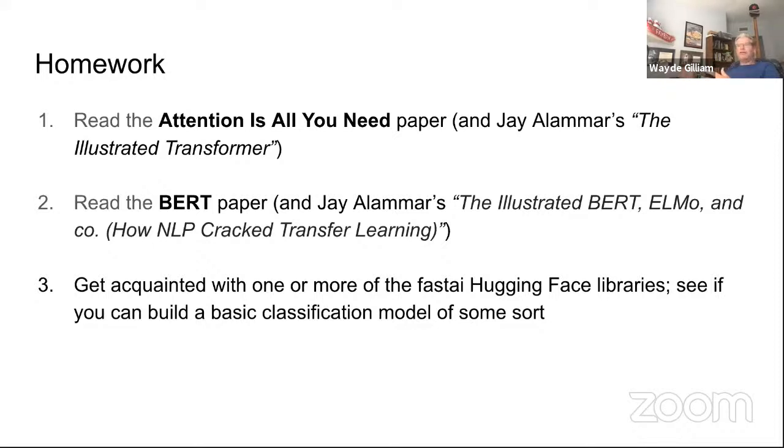They're similar, but there are also some differences. Get a feel for which one you like working with based on its syntax and design decisions, and then see if you can build a basic classification model. If you look at the docs for all of them, you'll find examples on how to do that. And that's it, unless there are any final questions here.